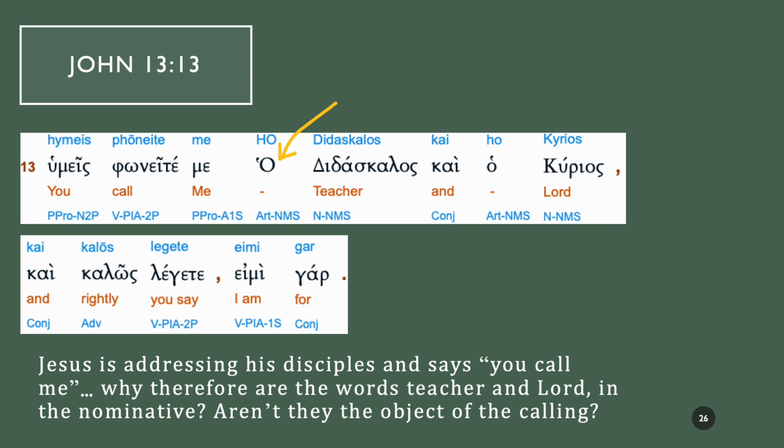That's the antecedent, the one that goes before, if you want the technical term. And then that last small clause, Amy Gar, for I am. Where there isn't a pronoun in there for I am, Amy can stand on its own. Sometimes it's ego Amy for I am, but we know that that's a first person singular use of the verb to be. So Amy Gar simply means for I am.